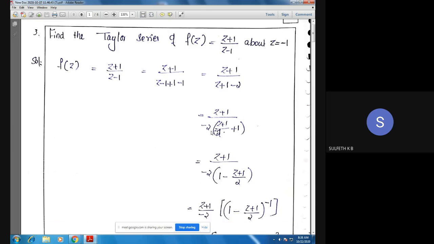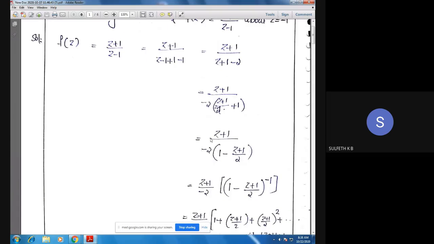Then we have to find the Taylor series in terms of z plus 1. In the denominator, when minus 2 gets outside, what changes will occur inside the bracket? Numerator is the same, z plus 1, and minus 2 gets outside. Then inside the bracket we get z plus 1 divided by minus 2 plus minus 2 divided by minus 2, which is 1.